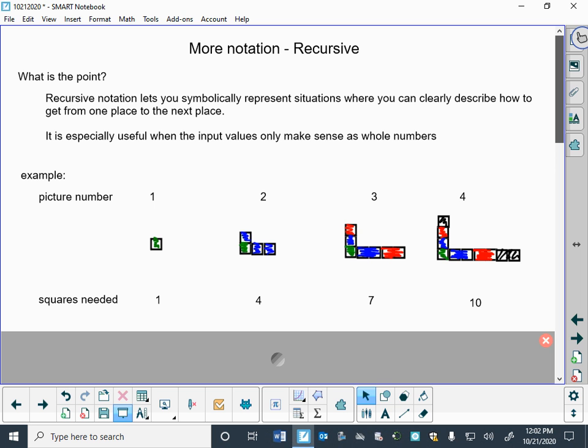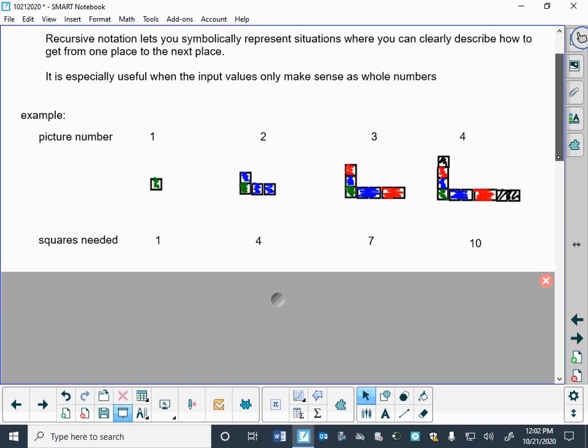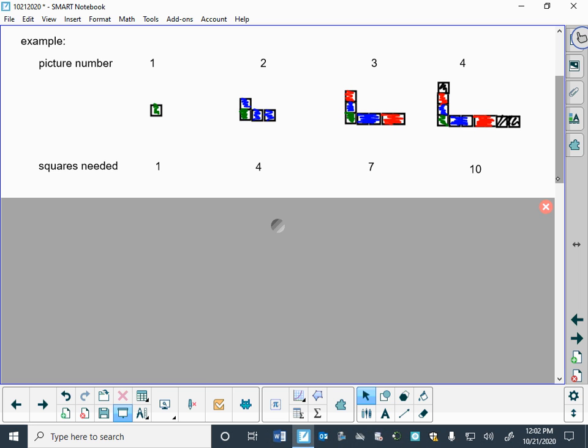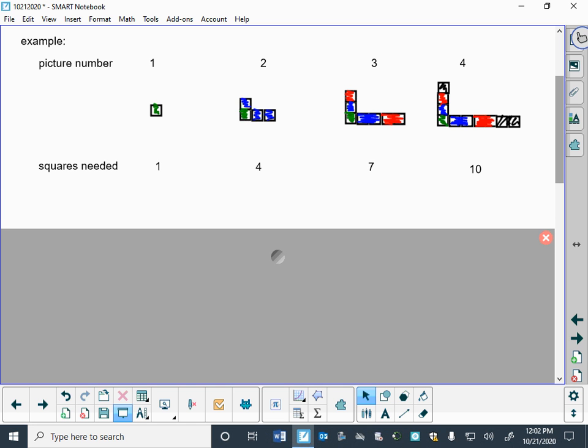Okay. And if my concern here at this point is maybe how many squares I need to make these pictures, I can count up my totals along the way, and it took 1 square to make the first one, and 4 to make the second one, and 7 to make the third one, and 10 to make the fourth one. And if I look for a pattern in that list of numbers, I think I could describe that pretty easily.